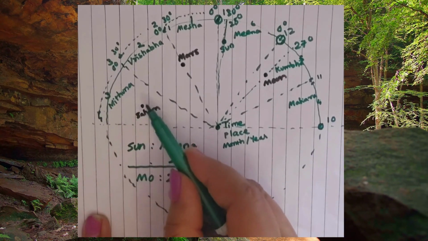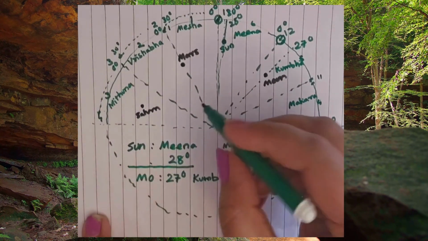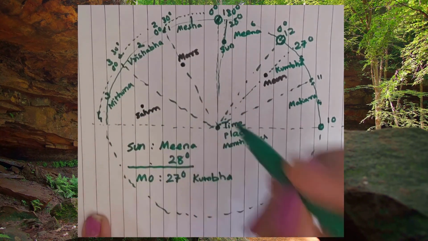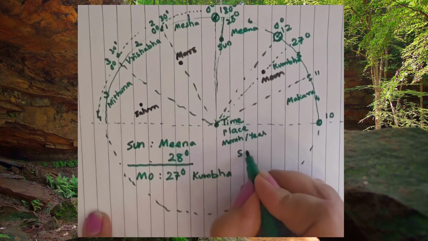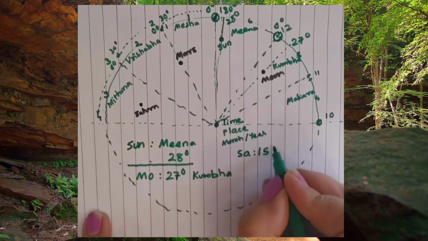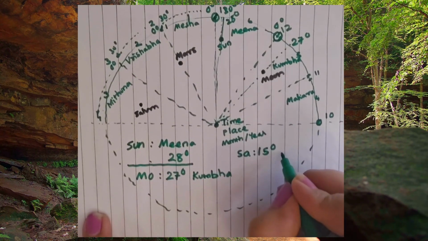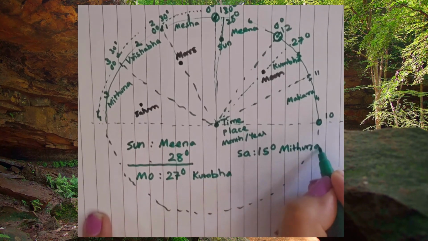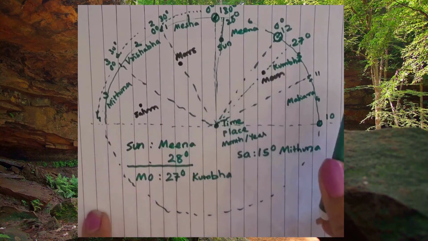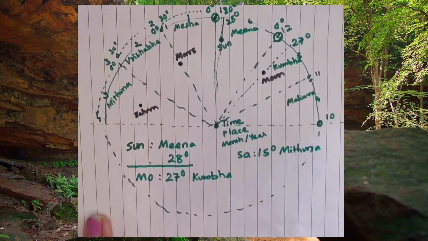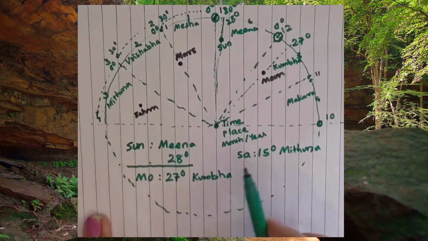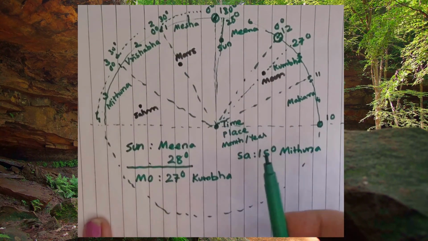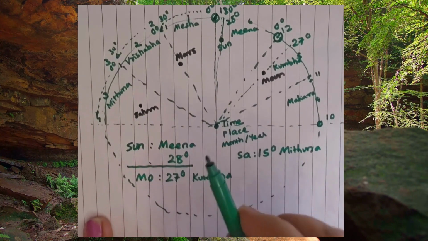Like this, Saturn will be Mithuna Rashi, maybe this is midpoint, say 15 degree. So Saturn will be 15 degree Mithuna Rashi. Correct? So this way, this will continue. Like this, we will place all the 7 planets or all the 7 grahas in the horoscope.